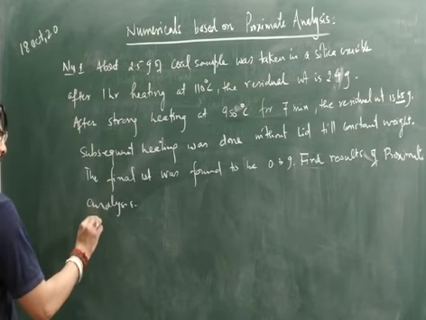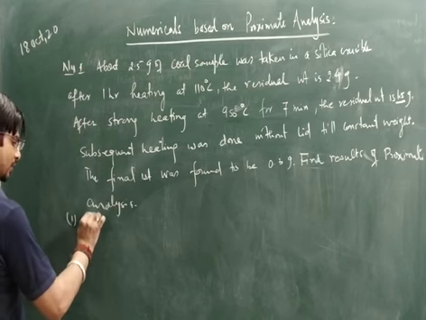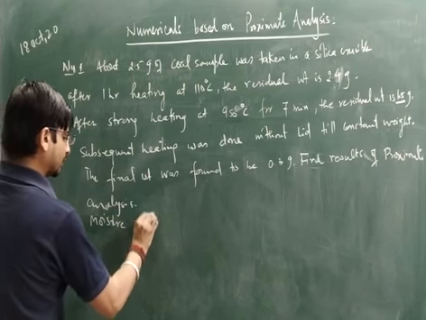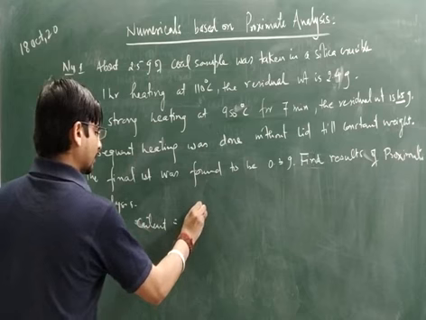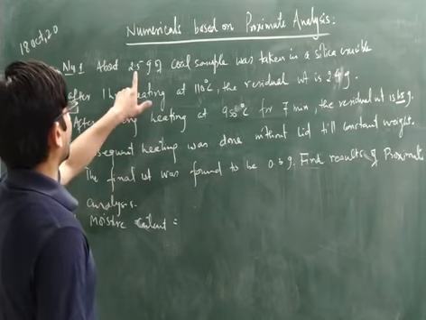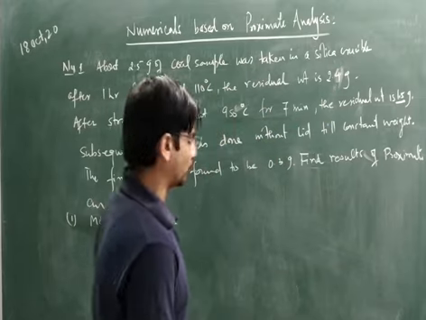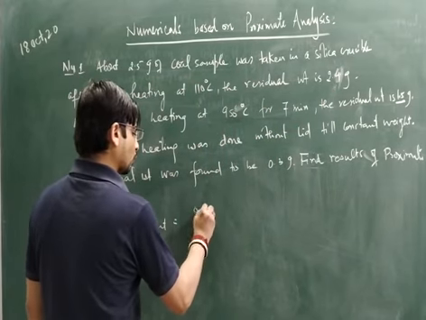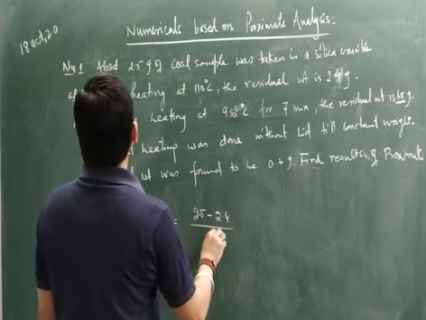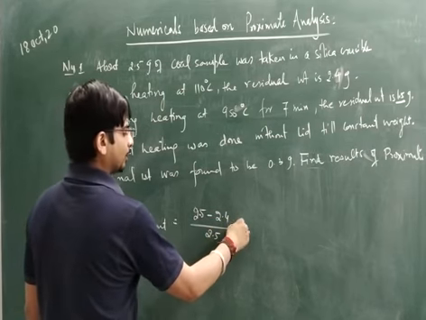Now you see, the first one is the moisture content. How do you determine the percentage moisture content? Percentage moisture is the weight loss due to the moisture. Initially it was 2.5 and then 2.4. So the weight loss due to moisture is 2.5 minus 2.4 divided by 2.5 multiplied by 100.